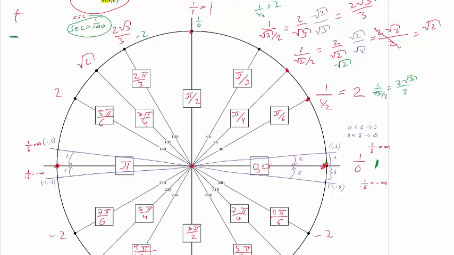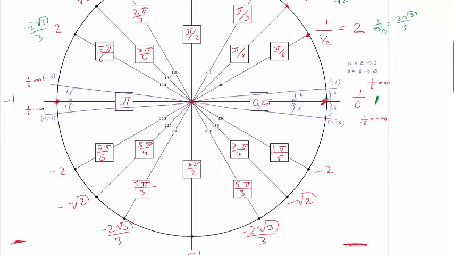So right here, that will be negative 2. Right here, this will be negative root 2. And then right here, we're going to have negative 2 root 3 over 3. Alright, and then over here the x value is negative 1.